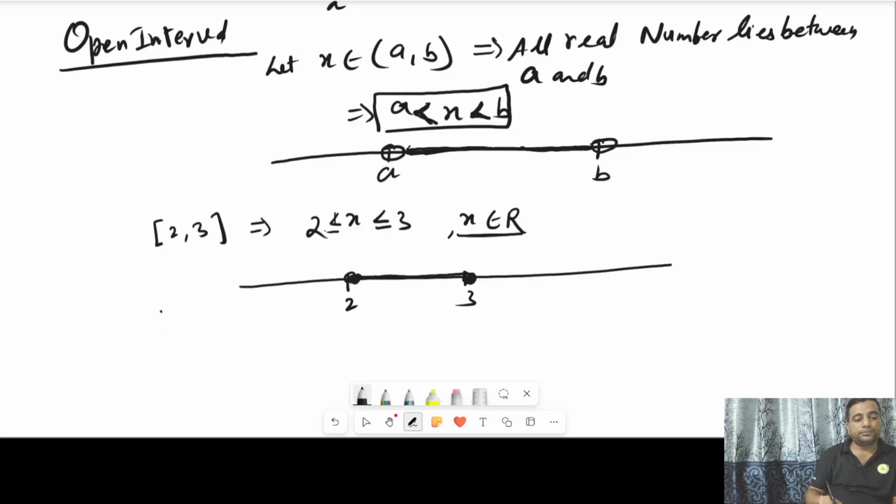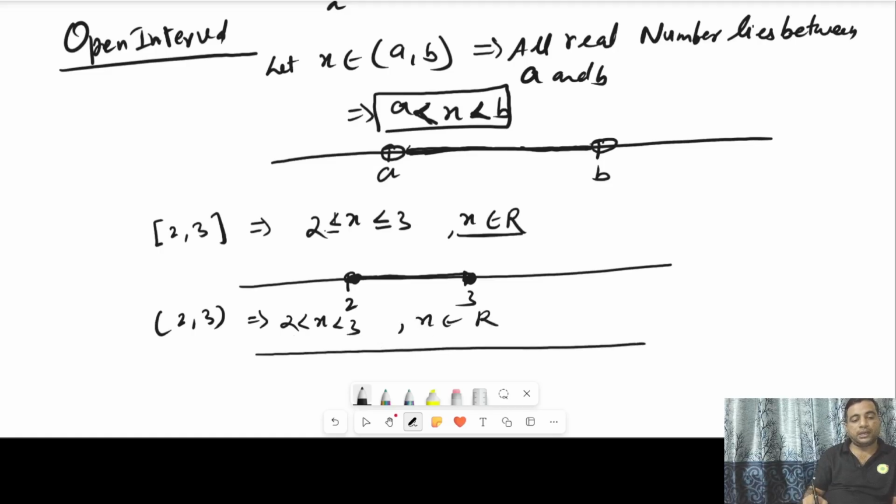Now let's suppose the open interval 2 to 3. It implies that x is greater than 2 and less than 3, meaning 2 is excluded as well as 3 excluded, but all numbers must lie between 2 and 3 and all are real. So on the number line, let this be 2, this be 3. 2 is excluded, so we could not take 2.